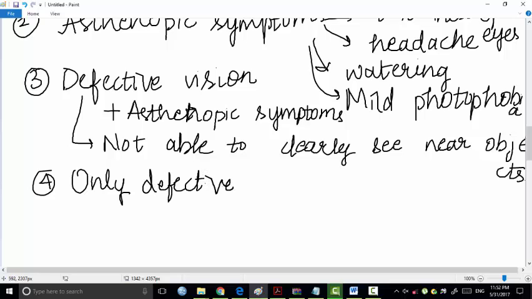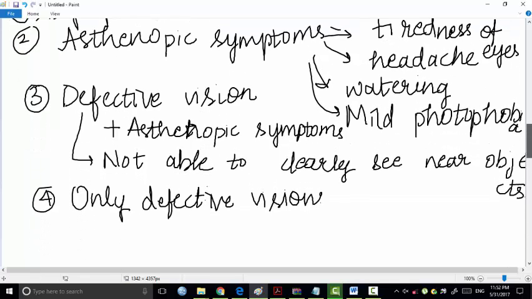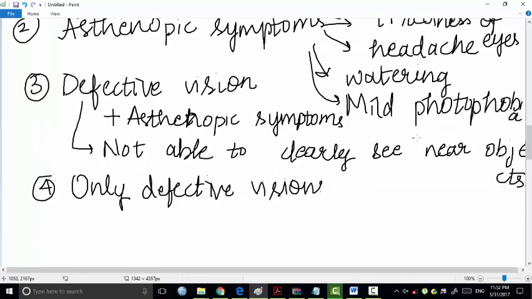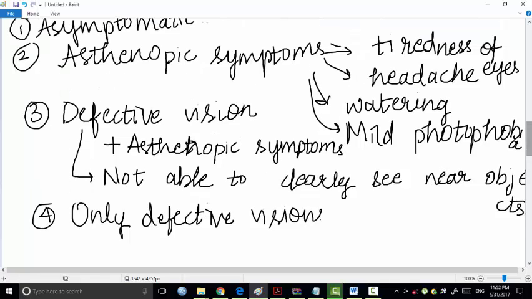There may be defective vision with asthenopic symptoms or only defective vision alone. So all these are the clinical features of hypermetropia.